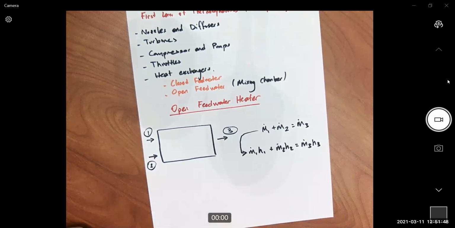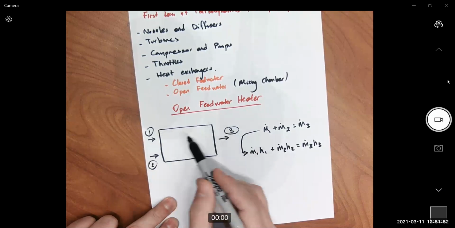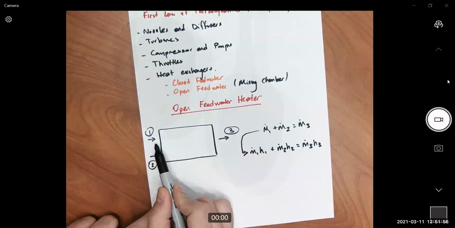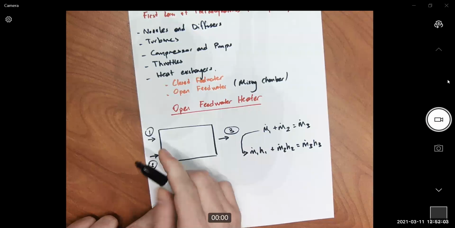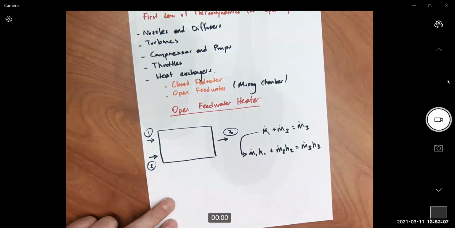M1 plus M2, whatever we have at the inlet, is equal to the outlet. That's the steady state. Right? And I also know substance at inlet 1 has some energy, substance at inlet 2 has some energy. They sum together and get out with a different energy, right?